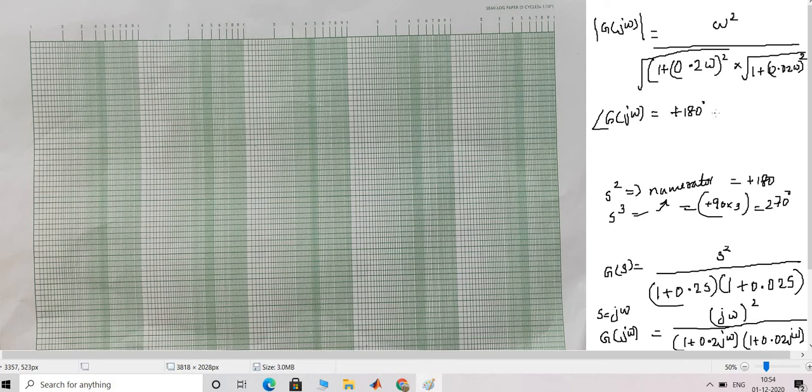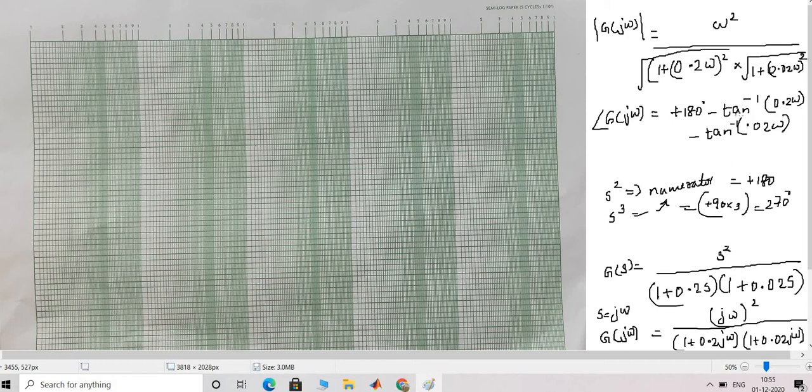There are two first order terms in the denominator, so corresponding to 1 + 0.2jω and 1 + 0.02jω, the phase angle will be minus tan inverse 0.2ω, again minus tan inverse 0.02ω. This is the equation for phase angle.